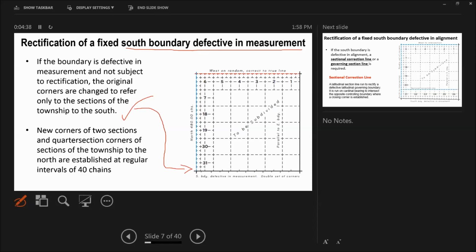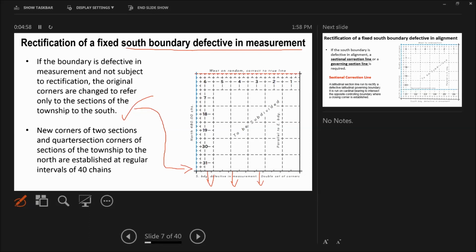See, the monuments are not set at the correct distances here. And it's also nice to show it in different ways. So what should we do for this here? The original corners are changed to reference only those sections of the townships to the south. So it only will be marked with the townships to the south.